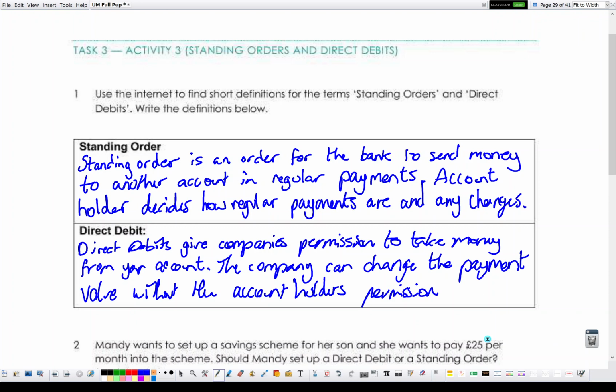They will need to notify you that they're doing that. As I said, they will need to notify you, but they don't actually need your permission. They just need to tell you, I'm going to start charging you more. So a standing order, you would usually set up between people you know, between humans, if you like, family members. Direct debit is between yourself and companies.